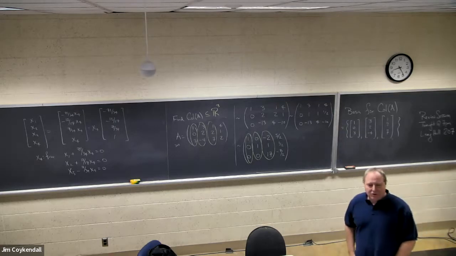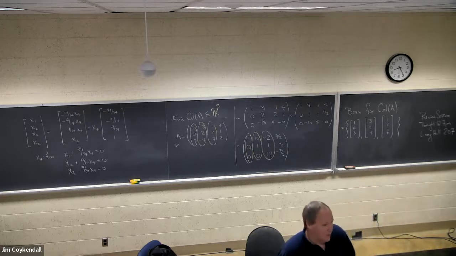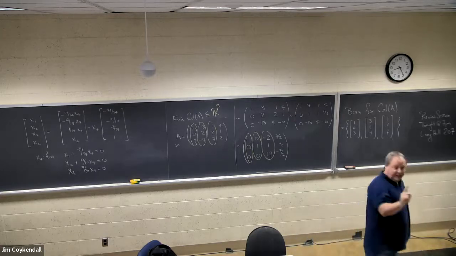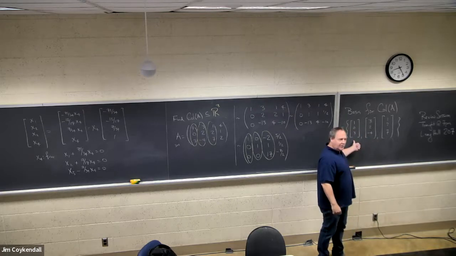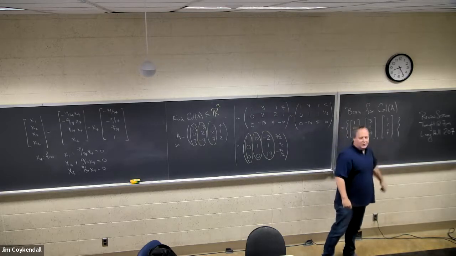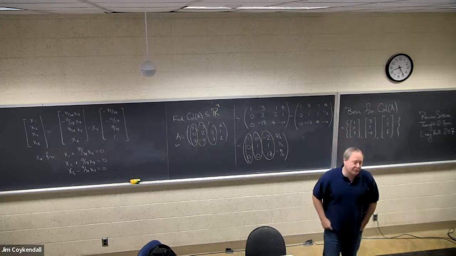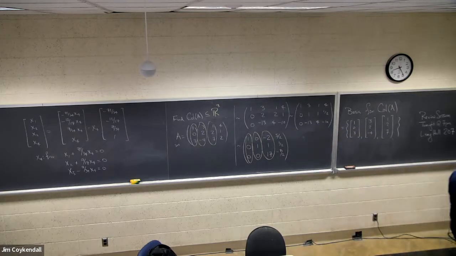Because any two bases have the same size, right? So for this particular example, another basis for the column space could be 1, 0, 0, 0, 1, 0, and 0, 0, 1, because it works out that way for us here. Any questions?